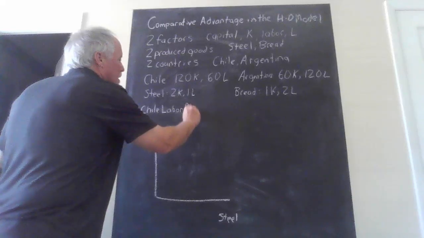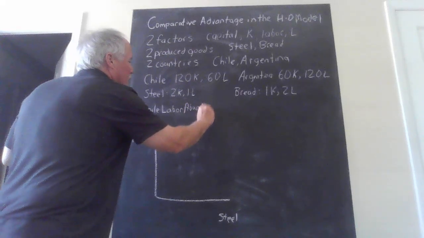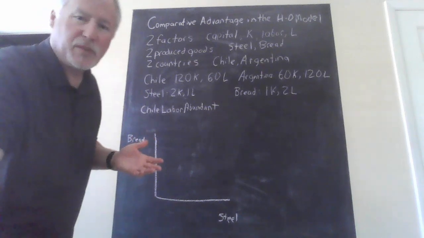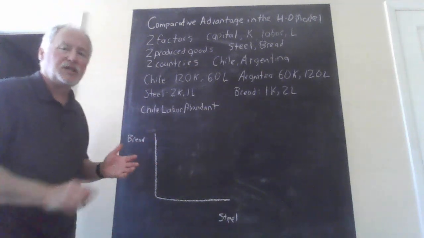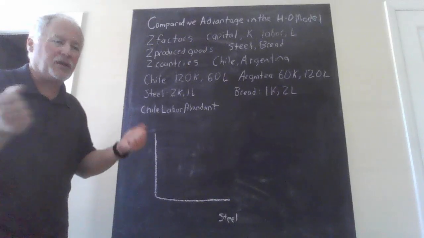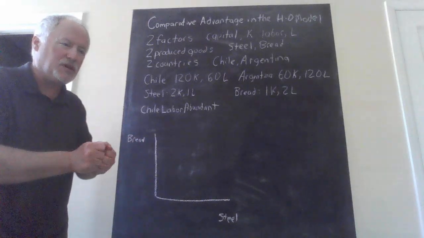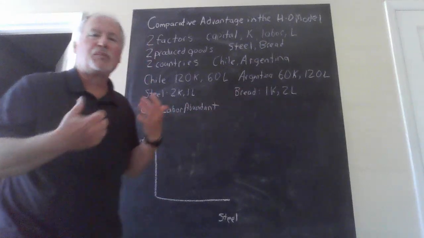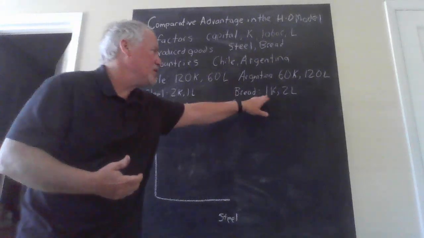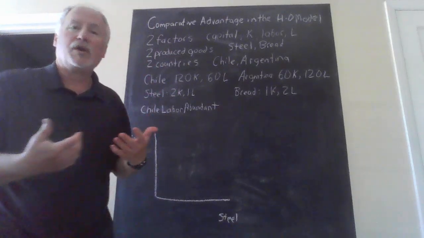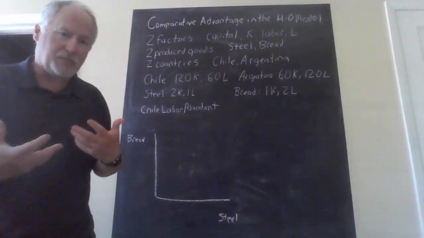And then, when it comes to producing the goods, let's say that the formula that you'd use to produce steel requires that you use 2 units of capital and 1 unit of labor. If you combine 2 units of capital and 1 unit of labor, you get 1 unit of steel. The formula for producing bread would be 1 unit of capital and 2 units of labor, and then we get 1 unit of bread.